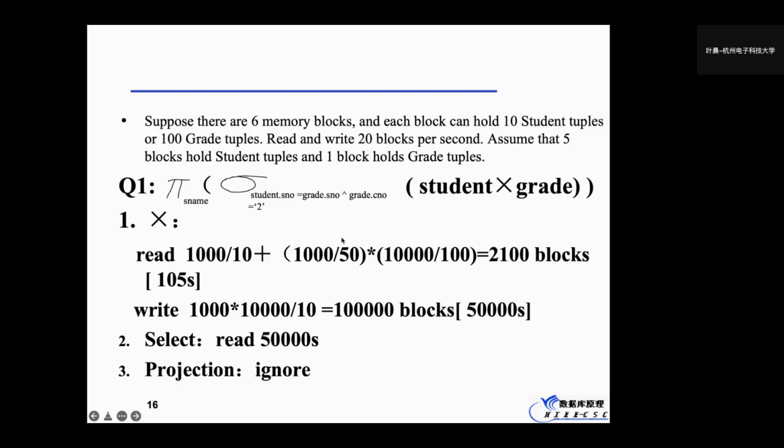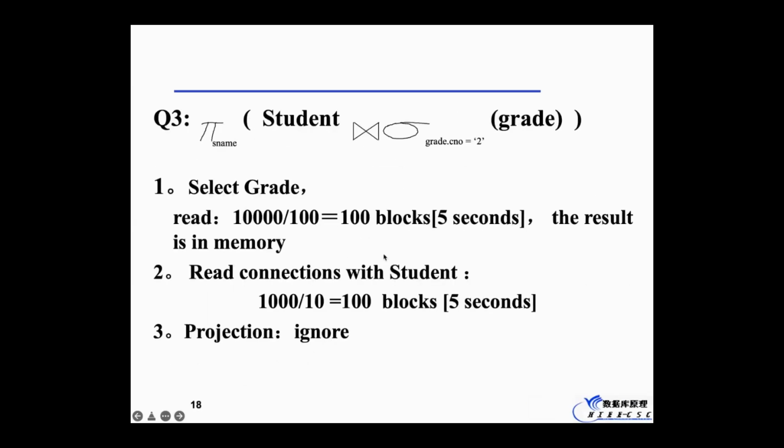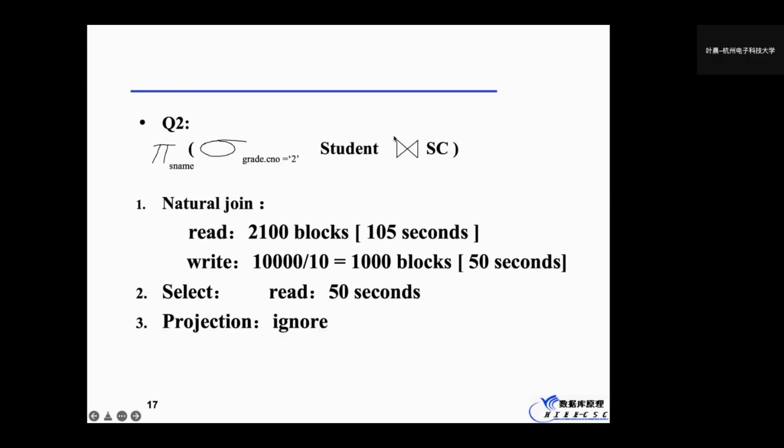Then let's see the second writing here. The natural join, which reads 2,100 blocks, may take 105 seconds, and we have the write, which needs 1,000 blocks and 50 seconds, and we have the select here.